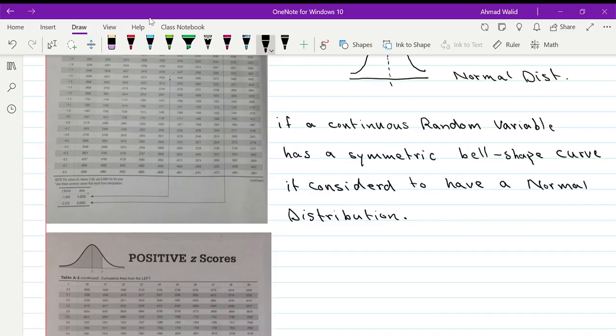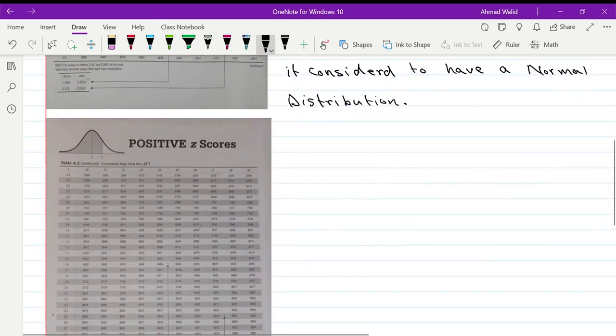Correct? If a continuous random variable has a bell-shaped graph, which is symmetric, we call that data what? A normal distribution. Now, slowly from here on, let's talk about uniform distribution.